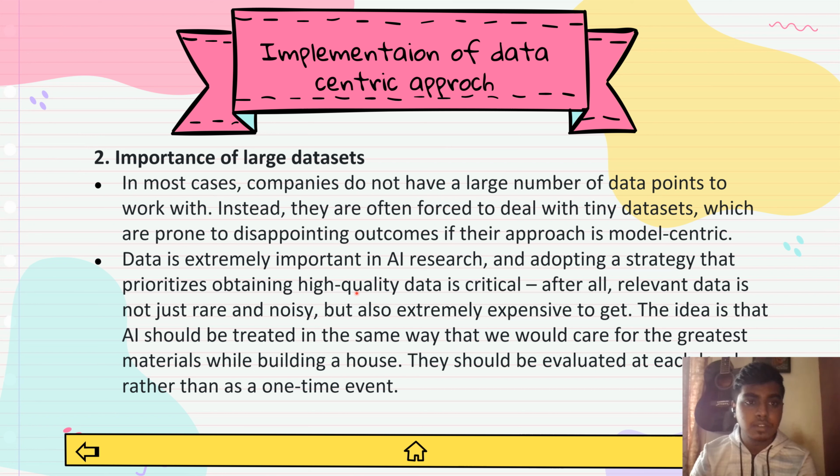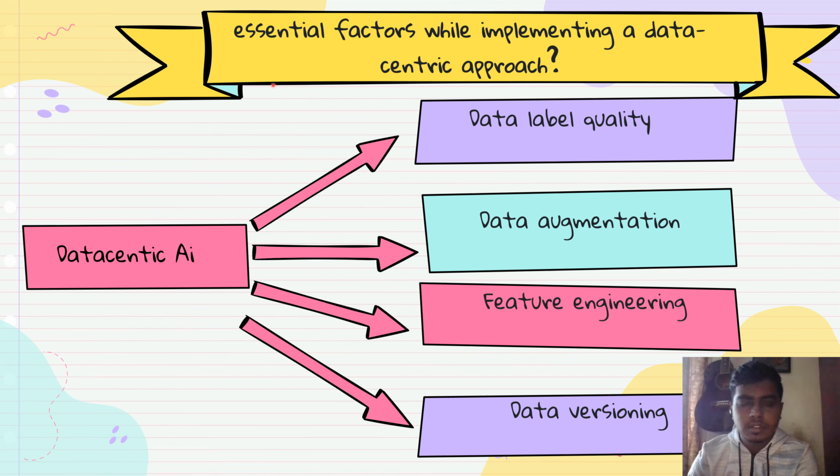Now we'll go to the next slide and look into the fourth topic. This is the fourth content in this PPT, and in this we'll look at the essential factors which should be considered while implementing a data-centric approach. The first factor is data label quality.